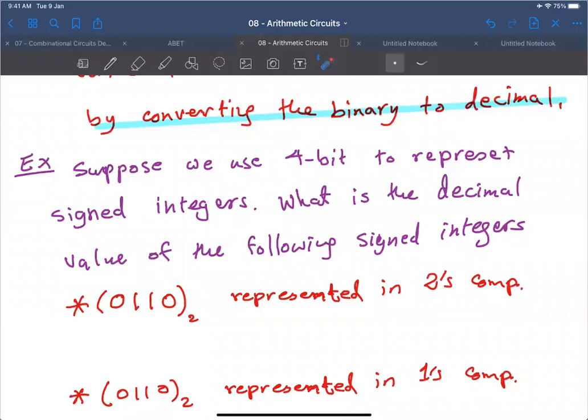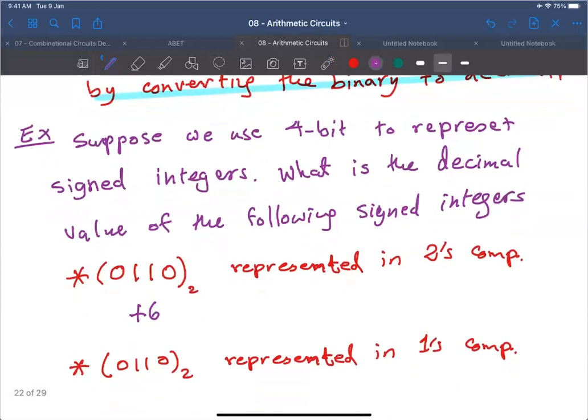As simple as that. You use the algorithm that we learned before. So what is the value of this number? It's 6. So the decimal value of this signed number is going to be plus 6. You must put the plus to indicate that you know that this number is signed, okay?